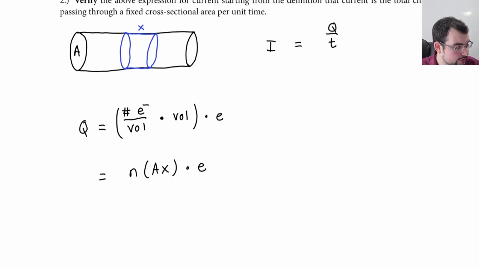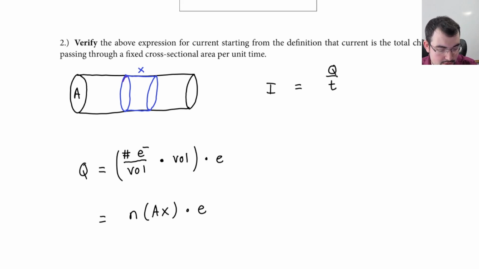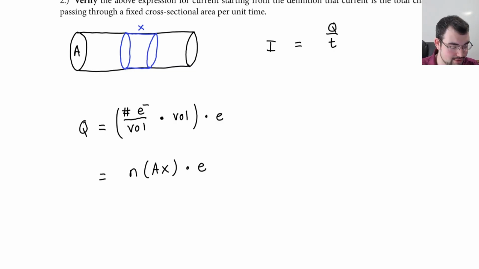We're saying the volume of this shape is going to be the cross-sectional area, so the base, times the distance x that we've extended it. That's a formula we'll use a couple times in this class: volume is equal to area times thickness if it's a uniform shape, or the same thing, area times length.